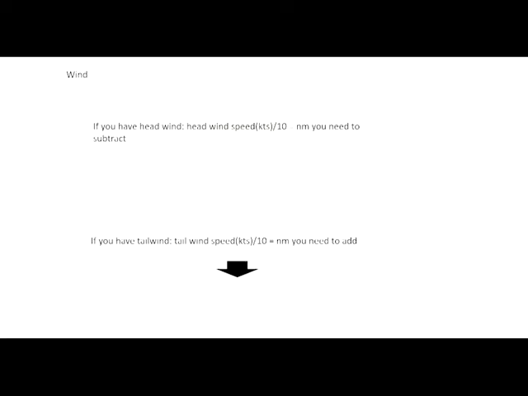In case, like what I'm having here, you have a tailwind, you get a tailwind speed, which in this case is 3 knots divided by 10 equals nautical miles you need to add to your total. So 3 tailwind divided by 10 equals 0.3 nautical miles, or you can round down to 0 nautical miles you need to add.